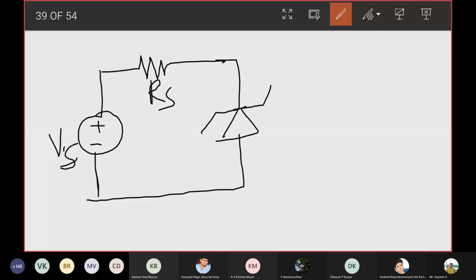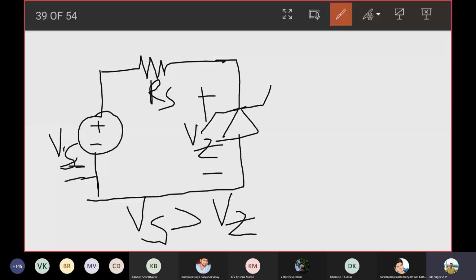So what is the functionality of the Zener diode? Whenever your source voltage Vs is greater than the Zener diode voltage, the Zener voltage is given in the question, for example the Zener voltage of this diode is 2 volts, or 10 volts.